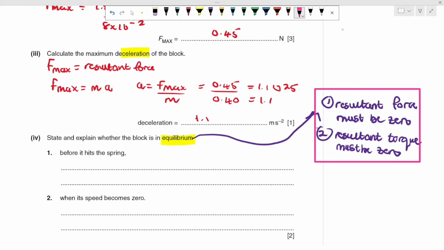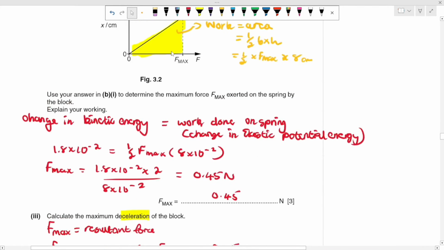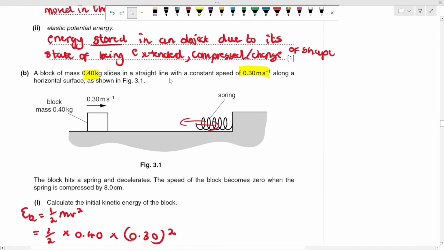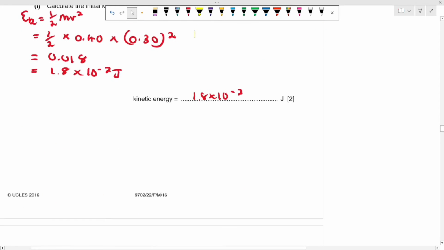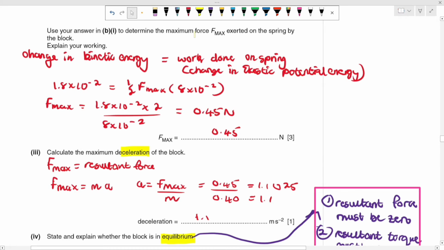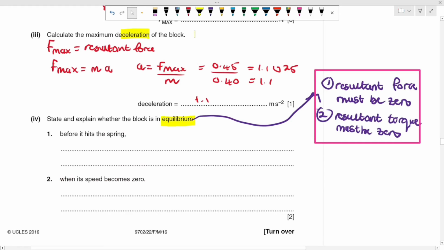So we just want to find if it's in equilibrium before it hits the spring. Is the resultant force 0, or is the resultant torque 0? We can't talk of torque, guys. It's not going to rotate in any way whatsoever, so we can only talk of the resultant force. Before, it was moving at a constant speed of 0.30. If the speed is constant, it means that there is no resultant force, because if there was a resultant force, there should be an acceleration or a deceleration.